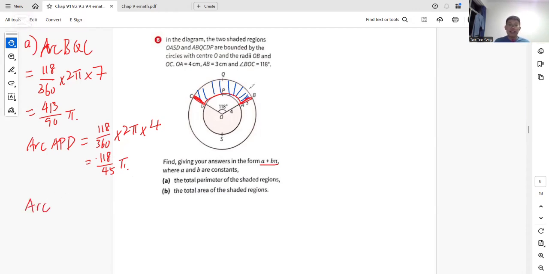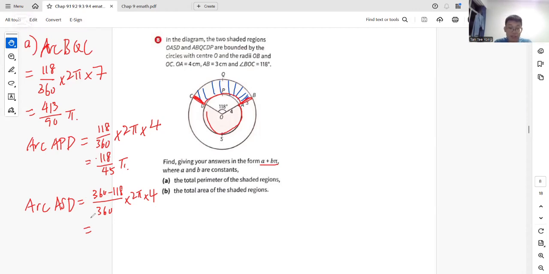Then we need to find our arc, because we're not done yet. We need to find arc ASD, this part here. So arc ASD equals theta, which is 360 minus 118, over 360 times 2 pi times 4. Same thing, it belongs to the smaller circle.